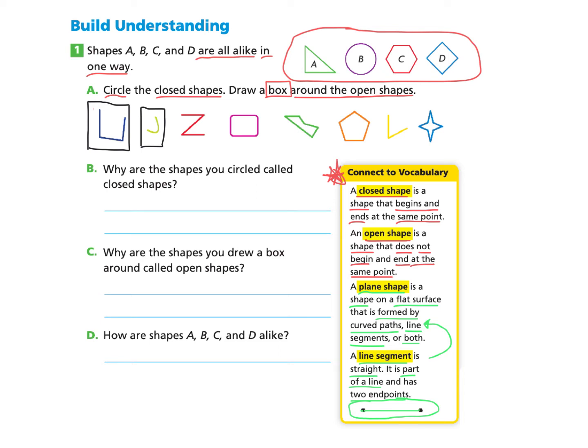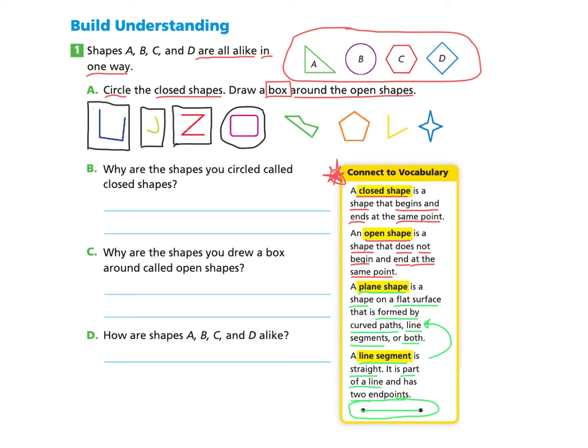So this shape would also be an open shape because we cannot start and end at the same point. And now this shape, we can start at one place and go all the way around the shape and come back to the same point. So we are going to circle this shape because it is a closed shape.